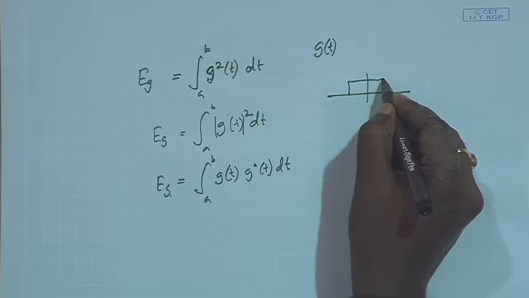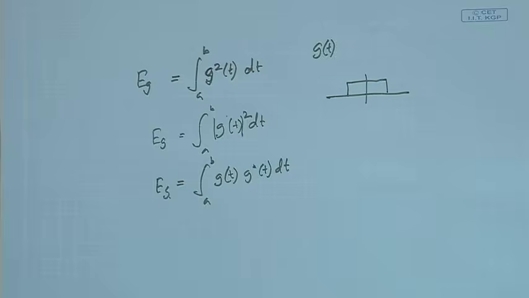Now, for any signal, if we want to get the energy value of that signal, it is very easy: take that signal and integrate it over the time that it is defined. Suppose we have that square pulse. Remember, it is a periodic signal. For a periodic signal, the definition of energy does not apply, as it becomes a power signal.